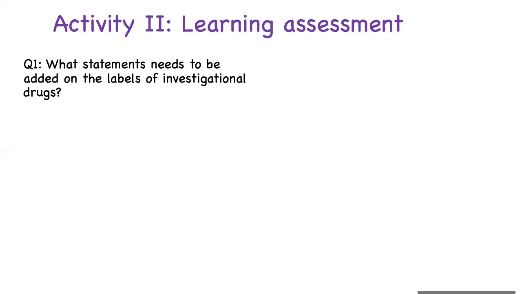She mentioned caution, new drug and limited by law. So caution, new drug and limited. These are the three important labeling instructions that should be mentioned, especially in the case of the investigational drug.